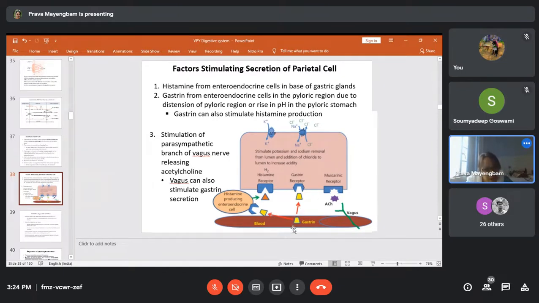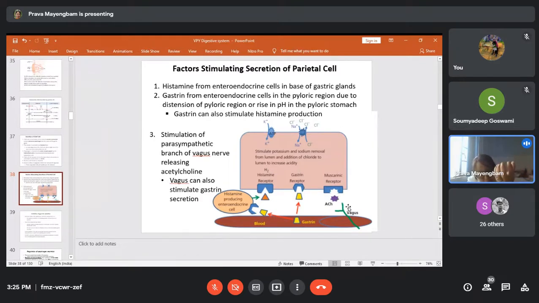In addition to this, the parasympathetic stimulation, the stimulation of the parasympathetic branch of the vagus nerve. The vagus nerve is shown here in the form of this green line. A branch of the vagus nerve terminates onto the parietal cells and produces acetylcholine.